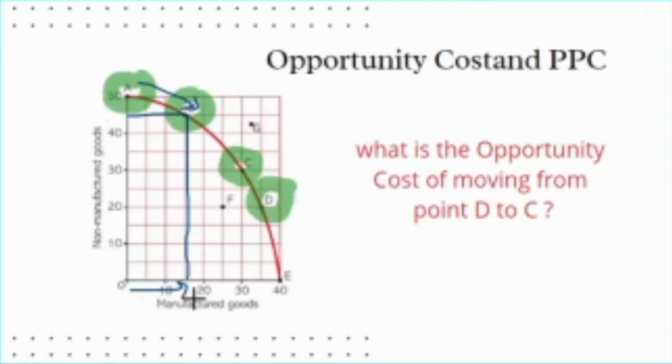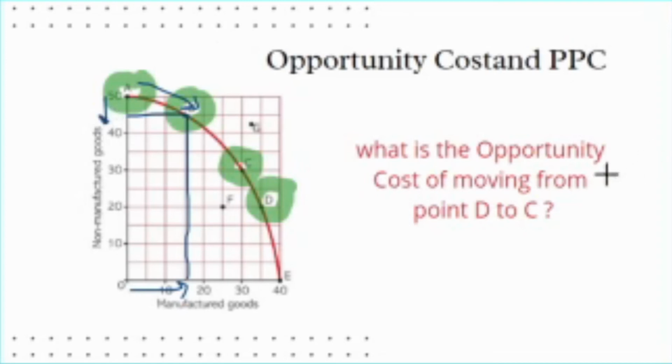Or if someone asks you, what is the opportunity cost of increasing manufactured goods by 15 units, your answer is decreasing non-manufactured goods by 5 units.